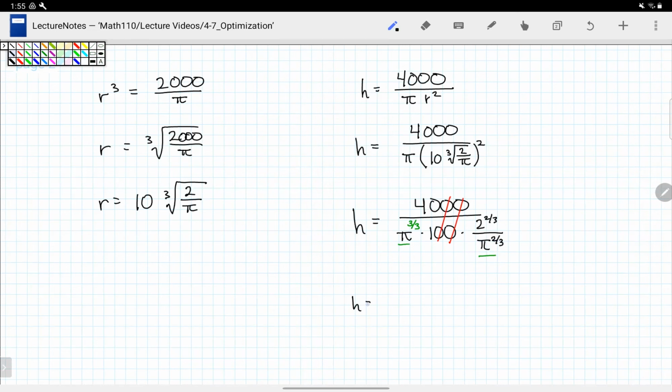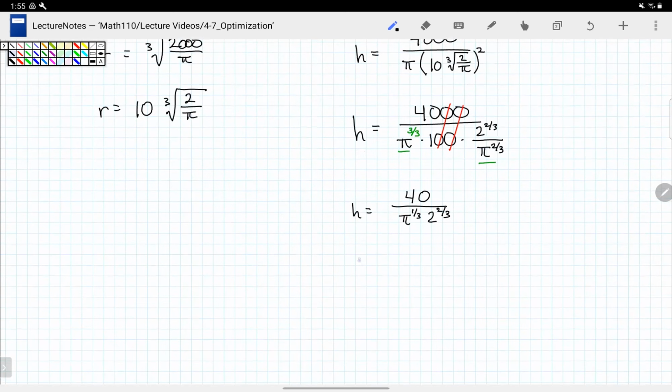So it would be 40 over pi to the 1/3 times 2 to the 2/3. And I think what I'm going to do is 40 over, I'm going to say this is the cube root of 4 pi.